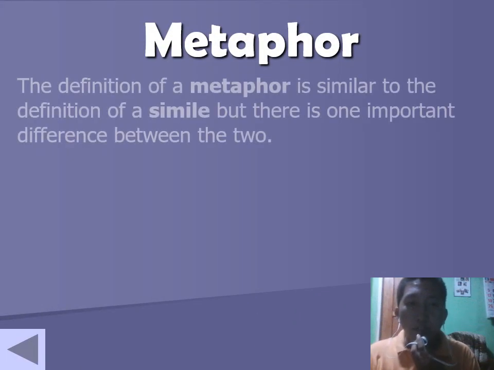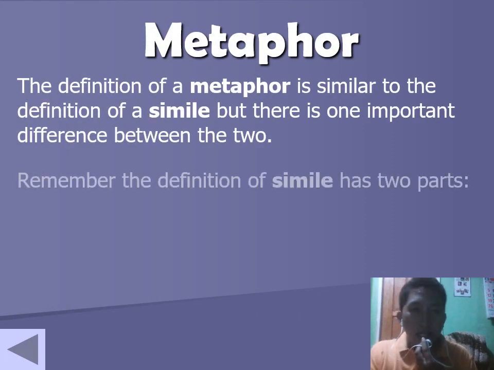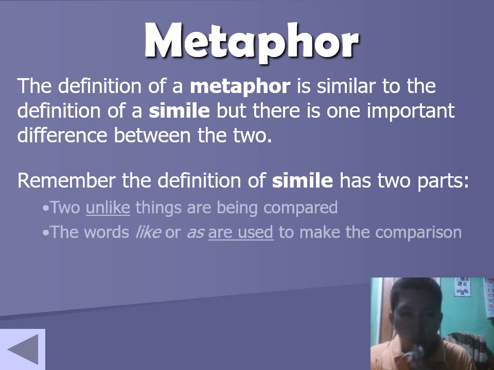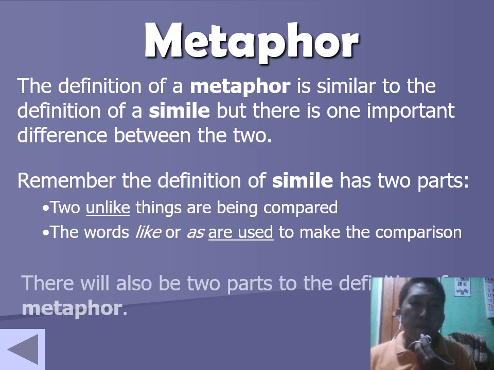So the second figure of speech is the metaphor. Again, the metaphor. Metaphor is similar to the definition of a simile, but there is one important difference between the two. Remember, the definition of simile has two parts.